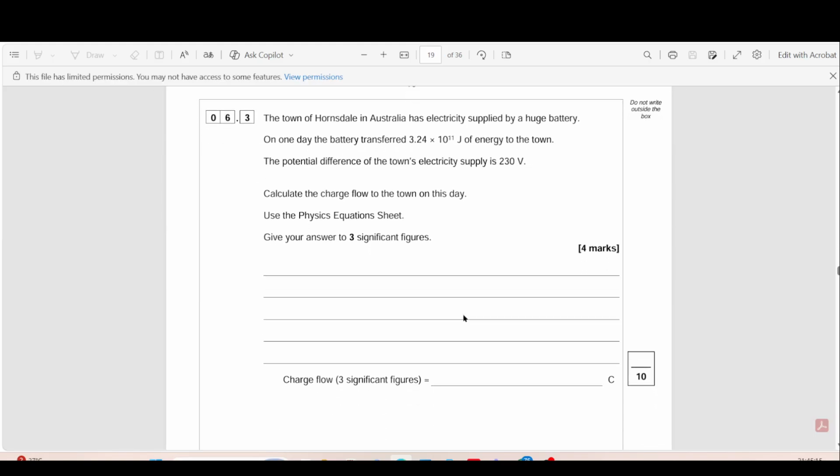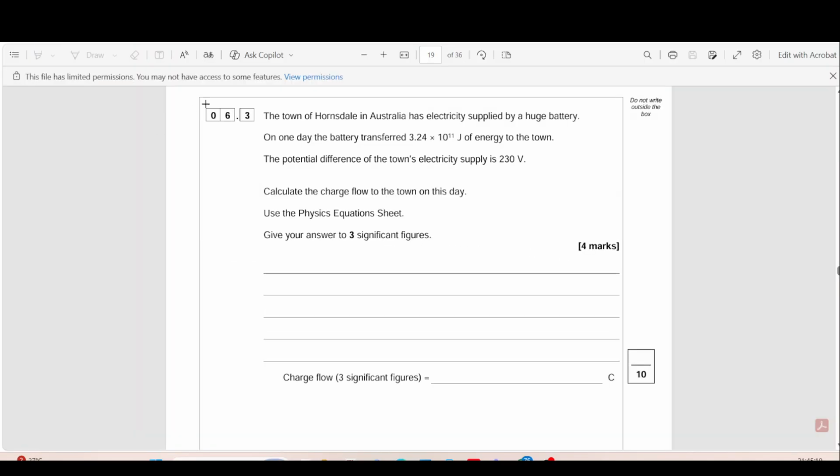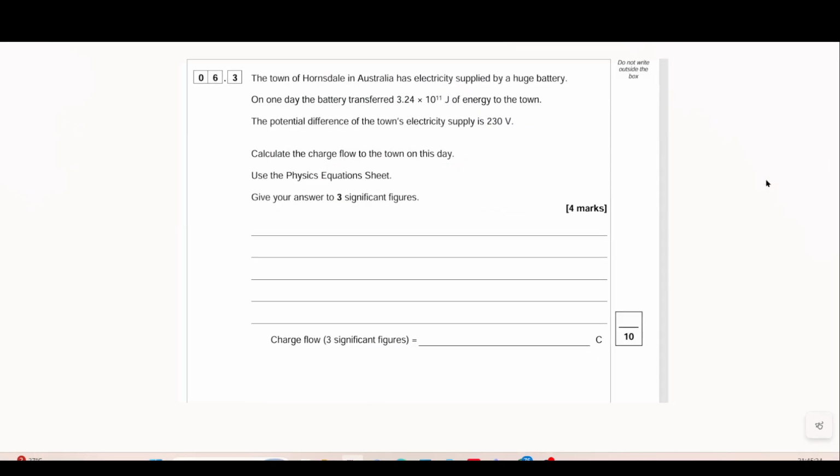Let's see 6.3. The town of Hornsdale in Australia has electricity supplied by a huge battery. On one day, the battery transferred 3.24 times 10 to the 11 joules of energy to the town. The potential difference of the town's electricity supply is 230 volts.